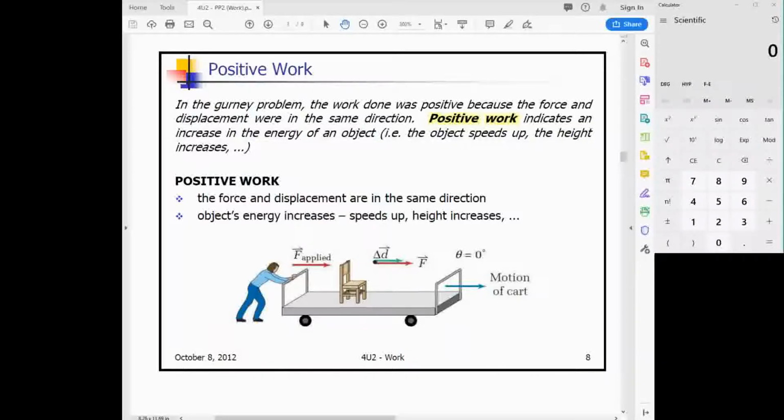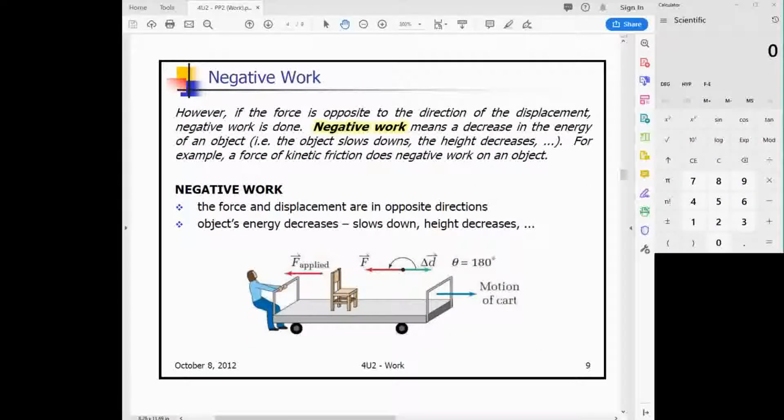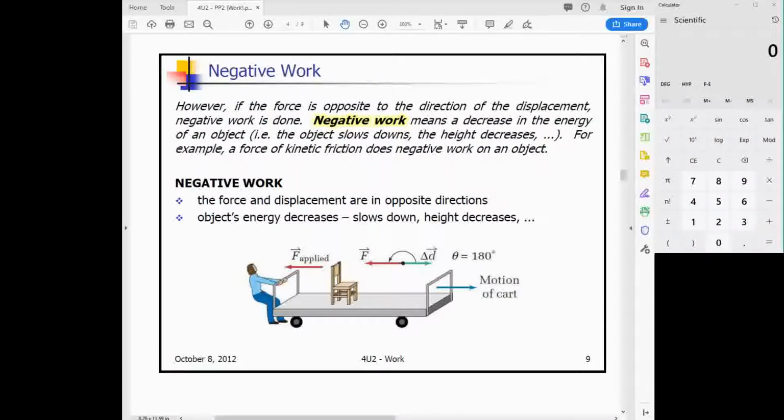We could also have negative work. And this is when the force and displacement are in opposite directions. This is also when an object's energy decreases, it slows down. So in this case here, a person is pulling to the left, but the motion of the cart is to the right. Now, the most common type of negative work you'll see is friction.